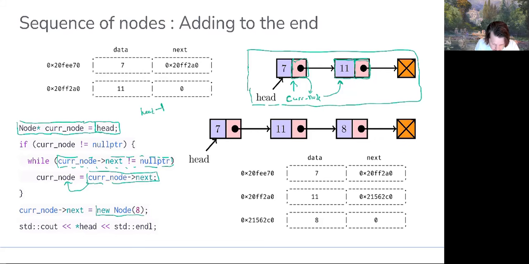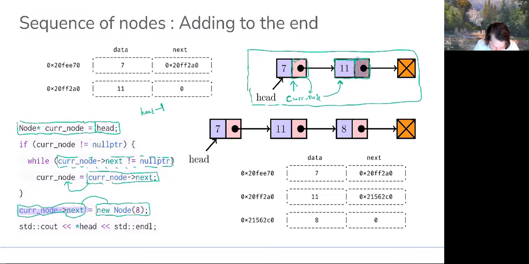allocate memory for a new node. In this case, it looks like we're going to have that node store the integer value of 8 and assign its address to cur node next. Notice that that is this field.